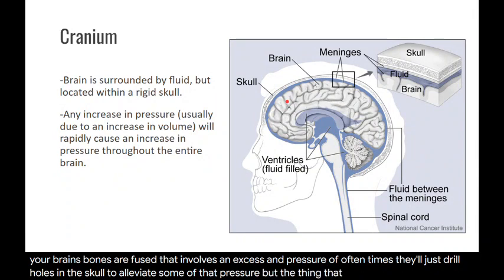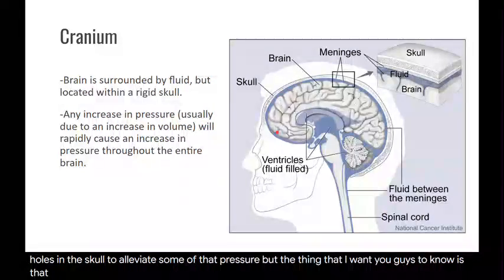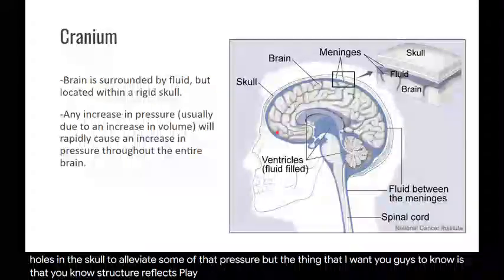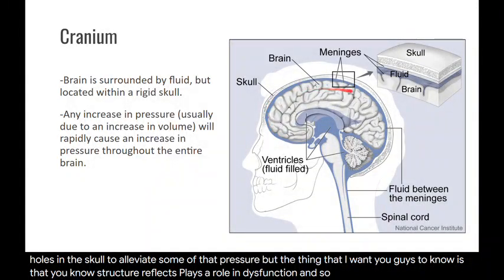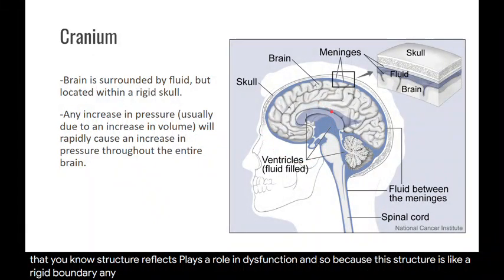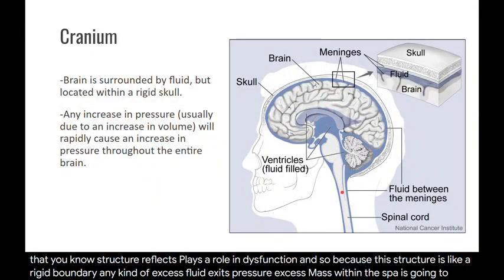But the thing that I want you guys to know is that structure reflects function, right? But it also plays a role in dysfunction. Because this structure is a rigid boundary, any kind of excess fluid, excess pressure, excess mass within the skull is going to potentially be deadly.